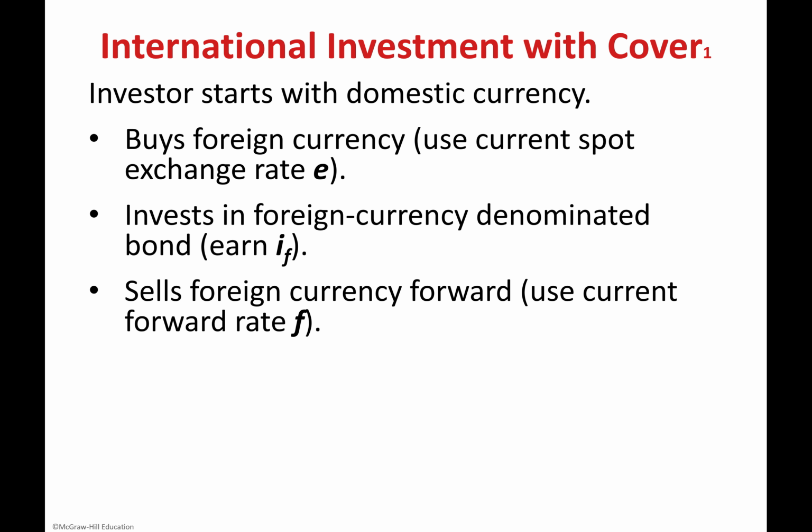The investor then buys the foreign currency using the spot exchange rate E, invests in that foreign currency denominated bond or high interest earning account, so earns that i subscript F, and then sells the foreign currency forward, knowing already how much they're going to get because interest rates are usually quoted anyway into the future. So the current forward rate F. So you can do the whole deal in one fell swoop.